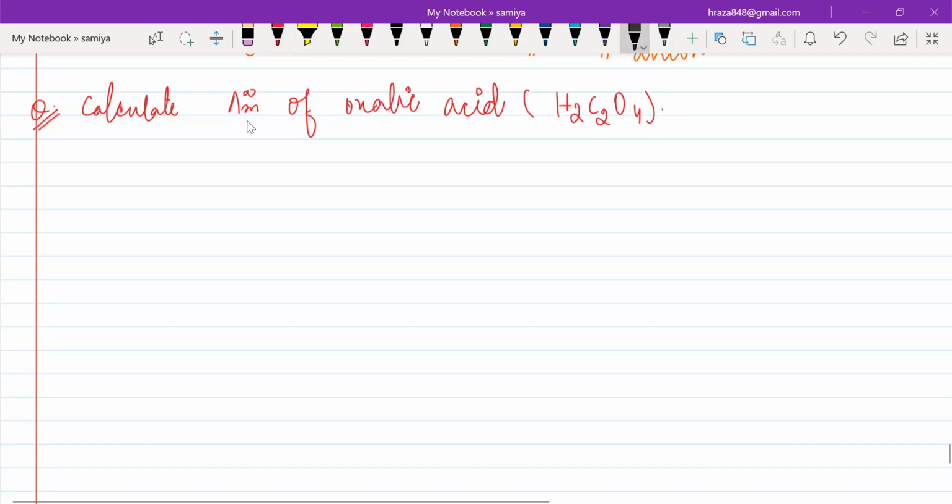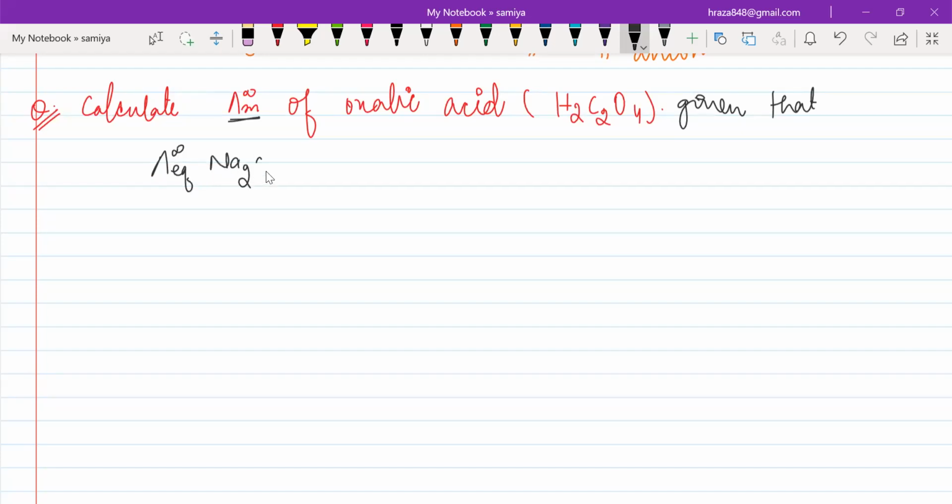We need to calculate lambda M for oxalic acid, and it is given that lambda EQ of Na2C2O4 is 400 per ohm centimeter square per equivalent.